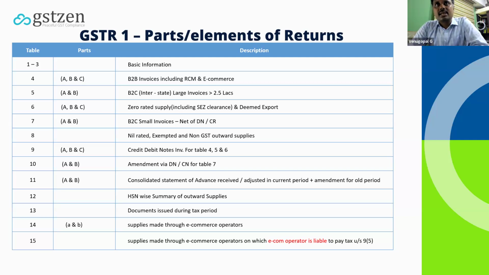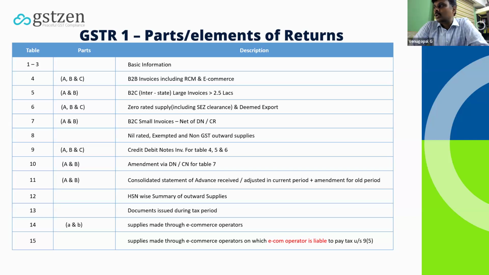Table 7 is B2C supplies, expected to be reported state-wise, rate-wise. Table 8 is nil, exempted, non-taxable. The value of the turnover where you don't need to pay tax, you would be reporting under this section.